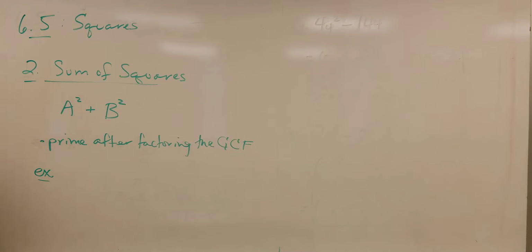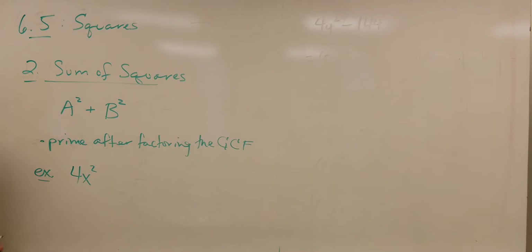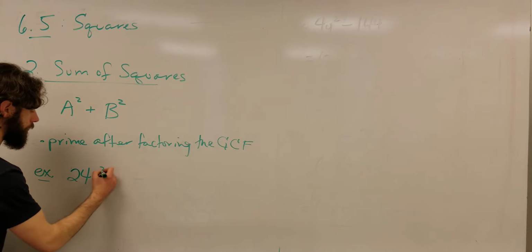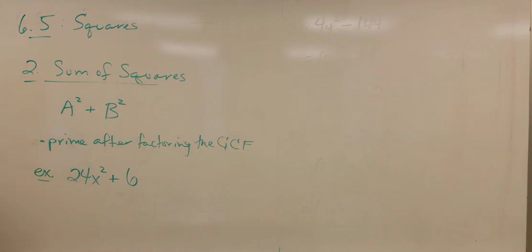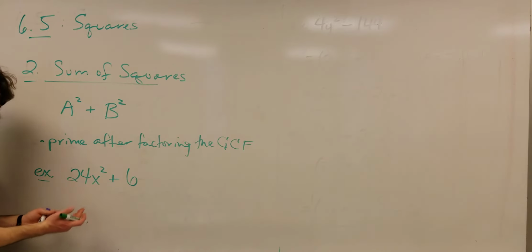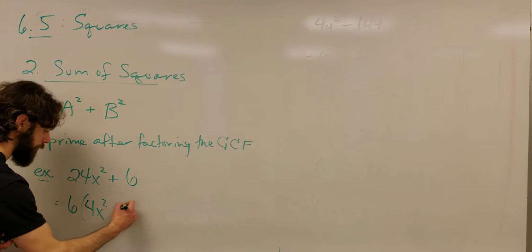I'll just do a simple example here. So something like, let's say, 24x squared plus 6. We would notice there's a GCF of 6 in both terms. So let's take the 6 out. That leaves us with 4x squared plus 1.